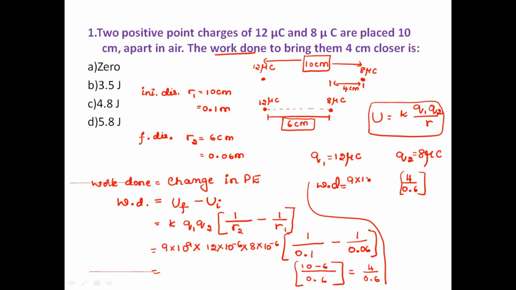Let me take it here, and 9 into 12 into 8 to be multiplied with the power we are going to get, which is minus 3. 10 to the power of 9, 10 to the power of minus 6, 10 to the power of minus 6 makes us get 10 to the power of minus 3. Next, what about 4 by 0.6?